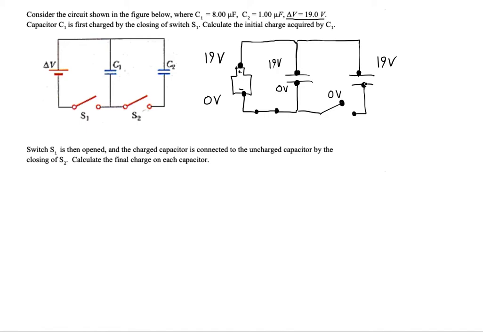If it remains uncharged, then there must be no potential difference across it. C1 is going to be charged, and we can see that there's a huge potential difference across it. That means there will be a strong field inside that capacitor.